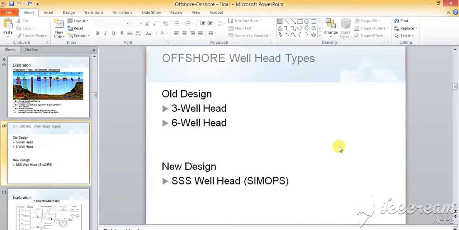In the old design, in the 3 wellhead there will be 2 production wellheads and one observation. The same goes for the 6 wellhead: one will be the observation and the remaining 5 will be production. In the 8 wellhead system you have 7 production wells and one observation well.